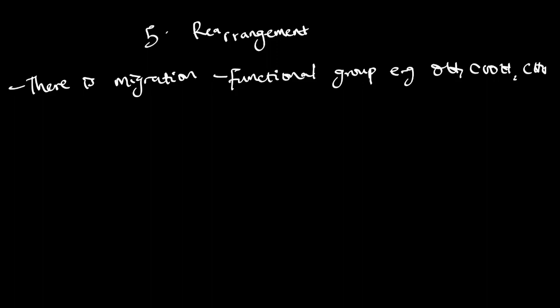I'll take this example, which is CH2Cl, the first alkyl group, the second alkyl group, the third alkyl group. If a rearrangement reaction occurs to this organic compound, what will it be like? It's very simple to guess the structure. I'm just using this as an example.